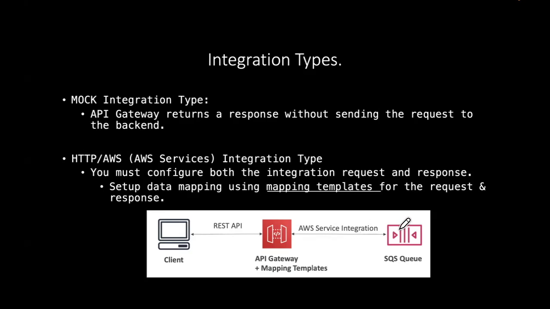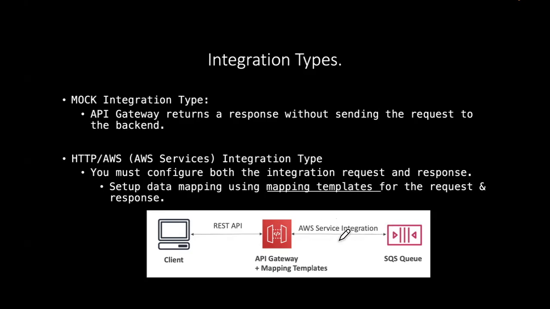It could be something like an SQS queue. So the idea now is your client, certainly for POST requests, sends a POST request to API Gateway, and API Gateway will pick out your particular API implementation, but it needs to carry out a transformation of the request before it can pass it on to the backend, or SQS queue in this case.